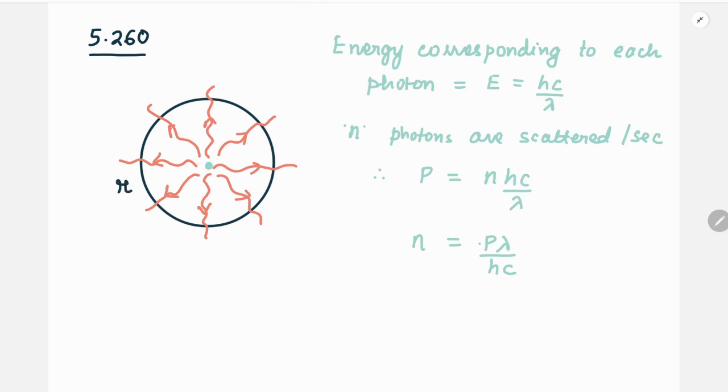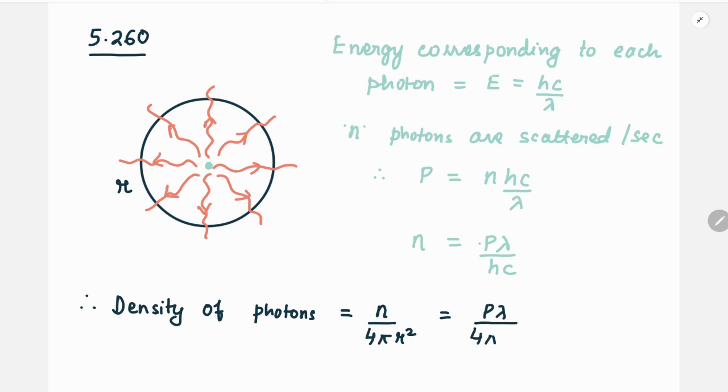Then we can say the density of photons is n upon 4 pi r square. If we solve this, we get p lambda upon 4 pi r square times hc. This is the required value that we have.